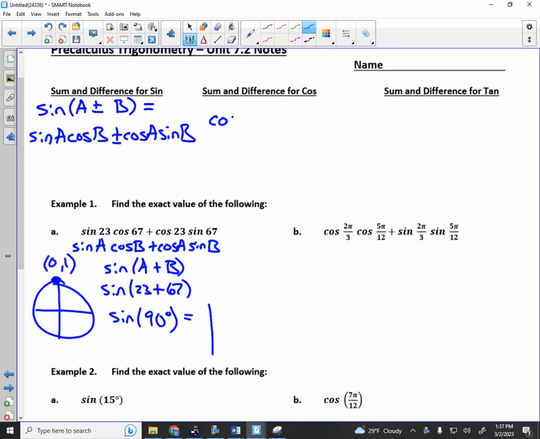Suppose you have the cosine of A plus B. It turns out that that works out to be the cosine of A times the cosine of B, yep, instead of plus, it turns to minus sine of A times the sine of B. We have addition here. If it's subtraction, then it turns to addition down there. The signs are opposite.